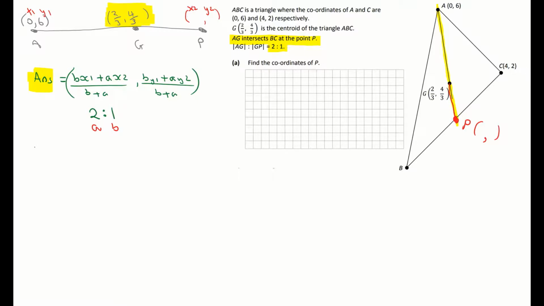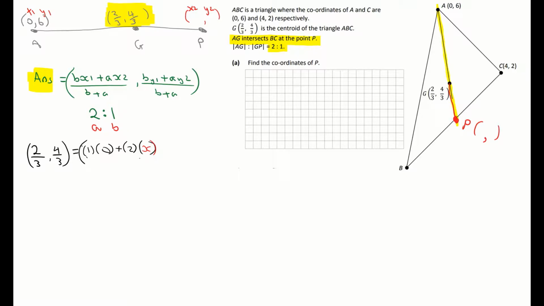So I have 2 over 3, 4 over 3, and that is equal to B times x1. B is 1 times my x1, which is 0, plus A, which is 2, times my x2, which we don't know. Let's just call it x in this case, because we're only trying to find one value for x.